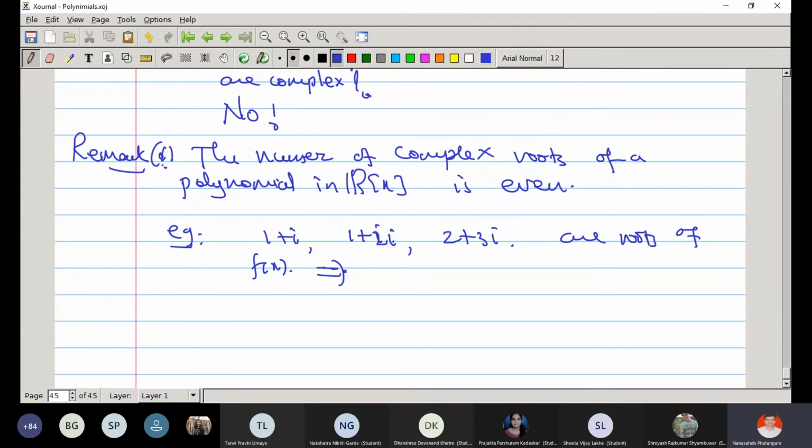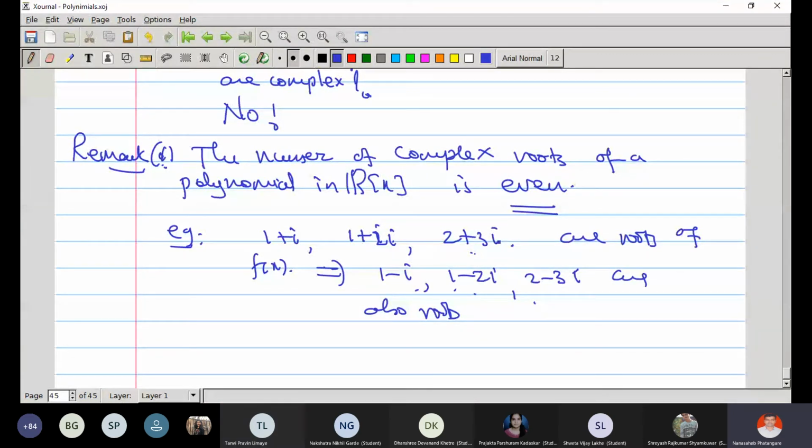If 1 plus i is a root, then its conjugate has to be there. So if 3 complex numbers are roots, then their conjugates are there. That means only 3 roots are not possible. If you have 3 distinct complex roots, then there are 6 complex roots. The number of complex roots is even. Am I right?